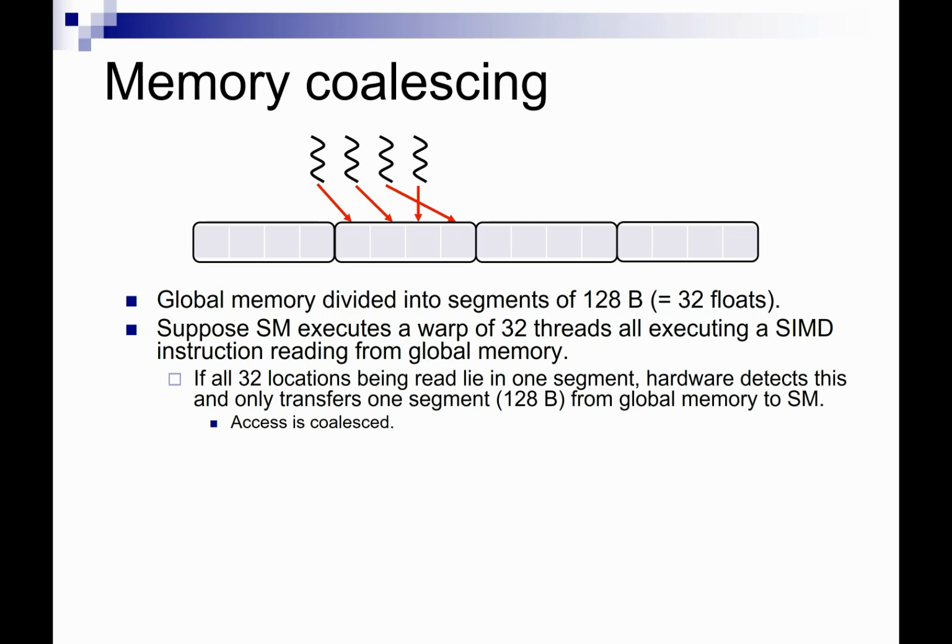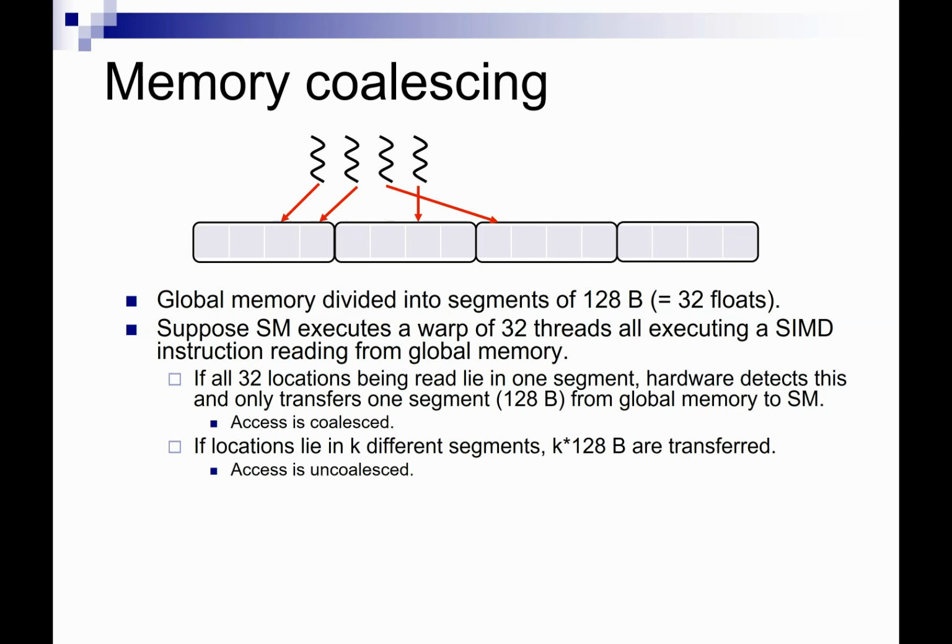If this entire warp of threads is reading from the same segment, then the GPU hardware can actually detect this, and it's only going to transfer data from the single segment from the global memory to the streaming multiprocessor. Since we're only transferring one segment, this is called a coalesced memory access.